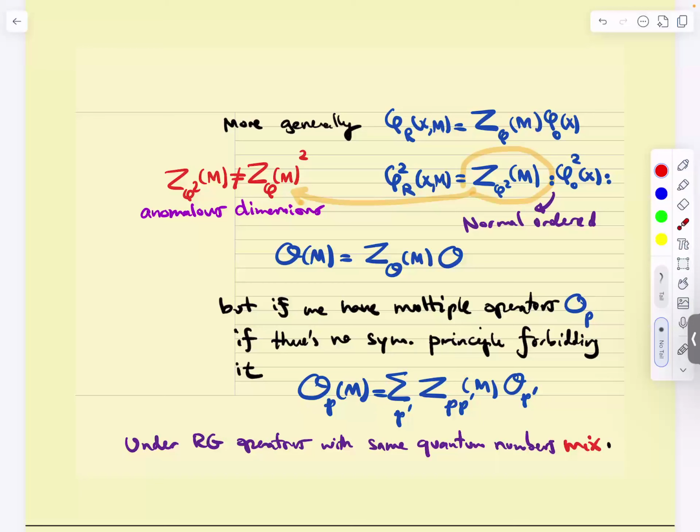But in general, if you don't want to define quantum field theory that way, it's hard to make sense of composite operators at all, actually, unless somehow you have some other symmetry that saves you.